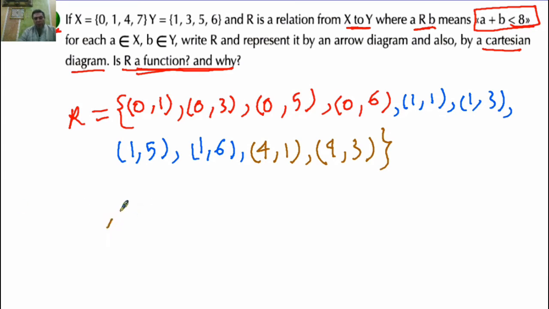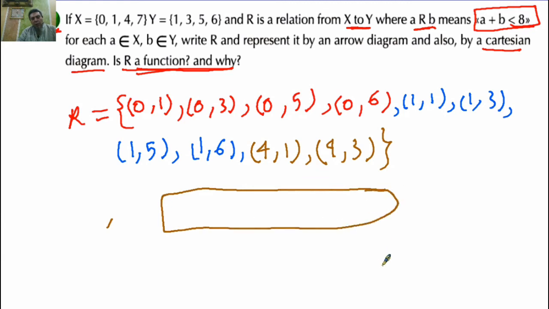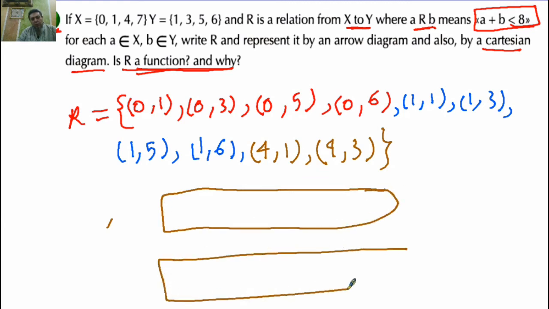This is the relation. To represent the relation by arrow diagram, we can draw the arrow diagram in this shape. That's the set X and set Y. The elements of X are 0, 1, 4 and 7. The elements of Y are 1, 3, 5 and 6.